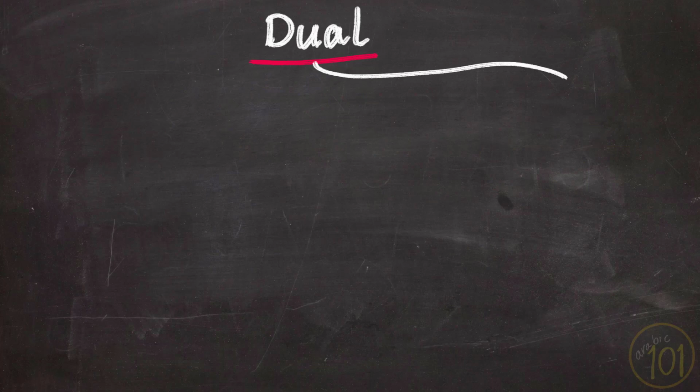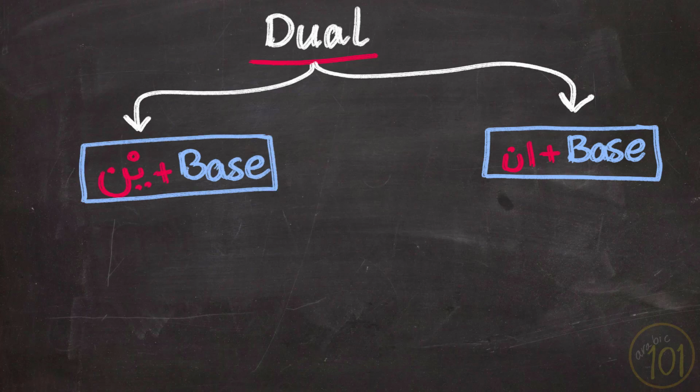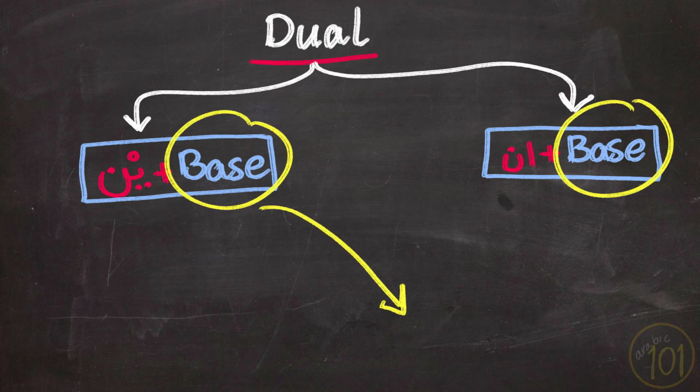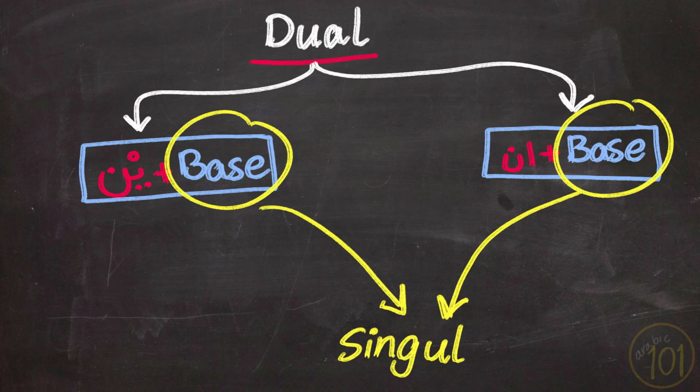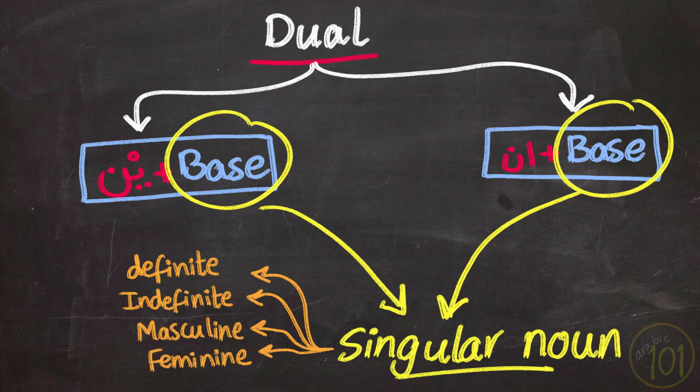So in order to turn a noun into a dual form, you will add alif, noon, or ya, noon to the end of the base form of the noun. As we've just indicated, the base form will always be the singular noun. So this singular noun could be anything: definite, indefinite, masculine, or feminine.